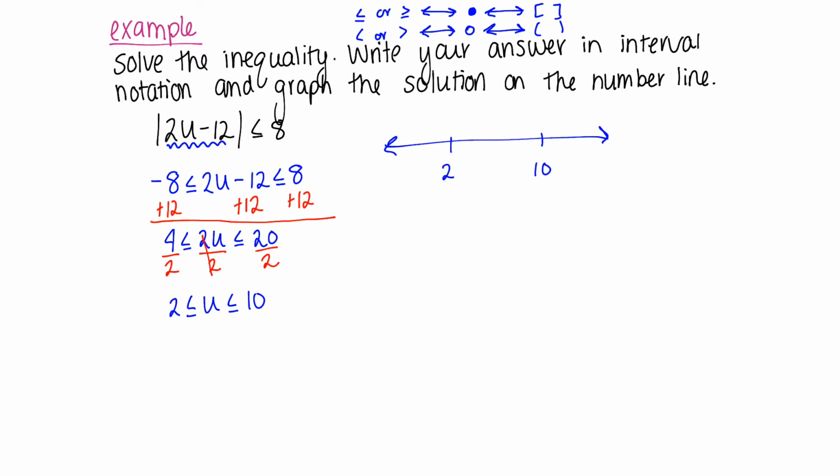And what's kind of cool is even without drawing the number line, you can really easily get the interval out of this. There's an underline and an underline, and that's because the original had an underline, which means you're using brackets, and then it's just 2 and 10. So our interval is going to be [2, 10], and it comes out really nice and easy.